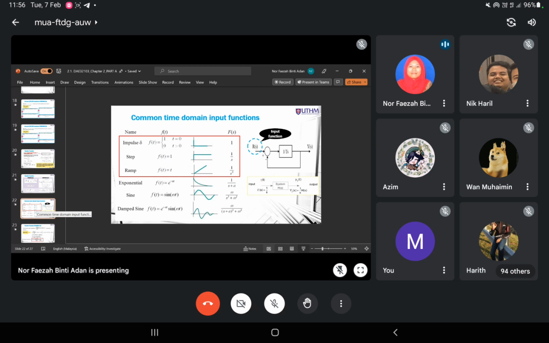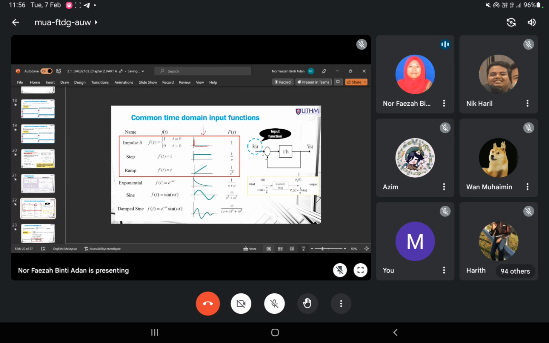So what does the signal look like? How do you draw the signal? We have seen the time domain and S domain values; now let's look at the signal shape when you draw it. An impulse is a spike: it rises briefly and then becomes 0, so it is 1 for a very brief moment.